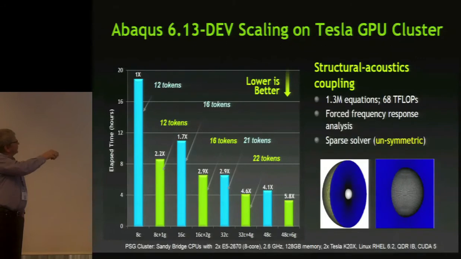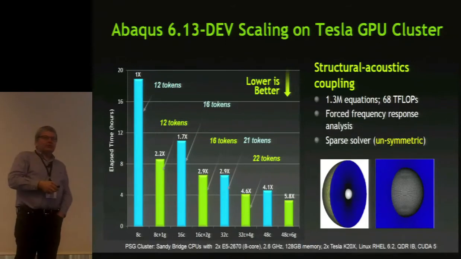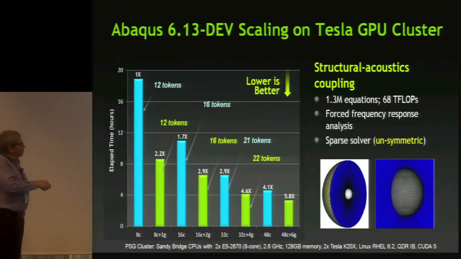With 16 cores and 16 tokens, you have a speed up of 1.7 against the 8-core version. So this means you are faster with 8 cores and 1 GPU with a lower amount of tokens compared to the 16-core version.